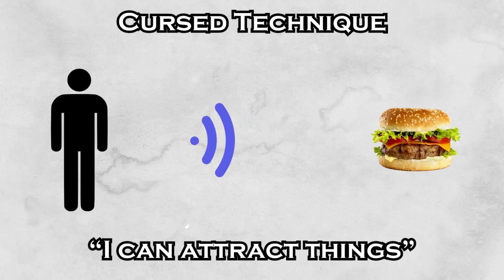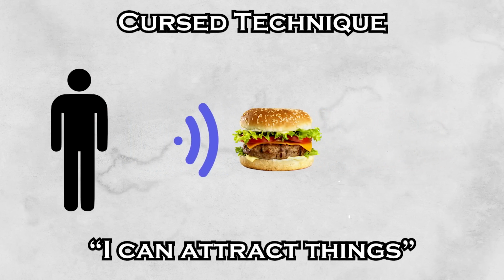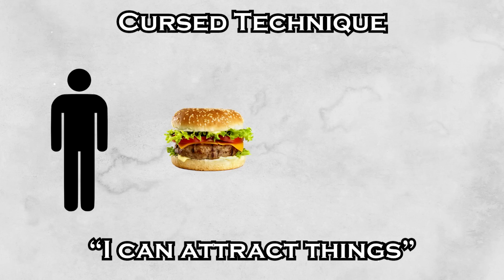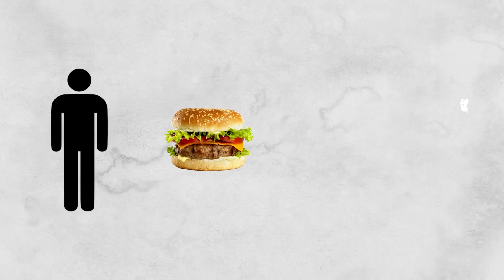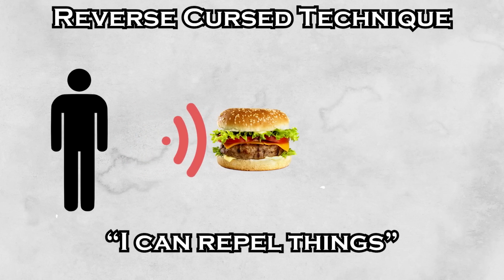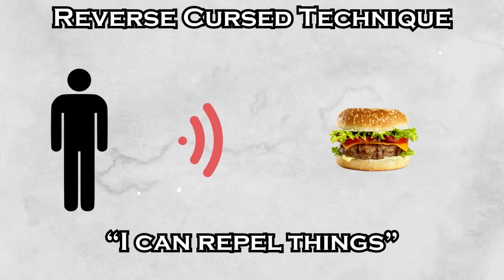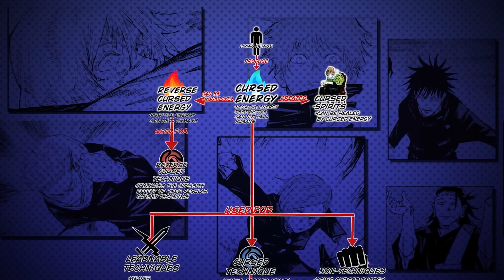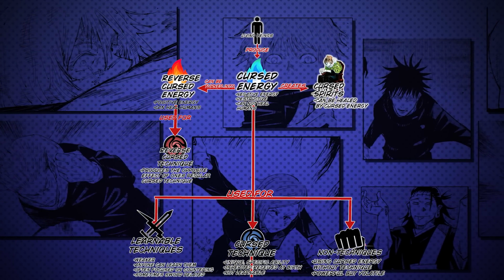For example, let's say generally your cursed technique attracts things. Well, if you use your cursed technique with reverse cursed energy and turn it into a reverse cursed technique, instead of attracting things, you will repel them. Simple as that. This is, however, again, a supremely rare ability. You're still with me? Good. Just a few more to go.